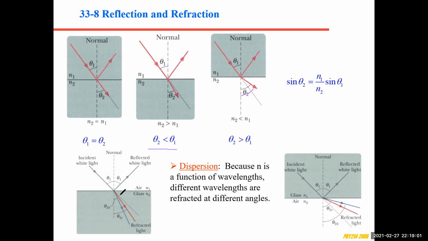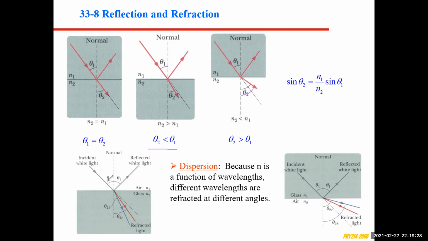You actually see rays of different color, and this is what we call dispersion. Because we know that white light actually consists of light of different wavelengths. When different wavelengths are combined, you see white color.